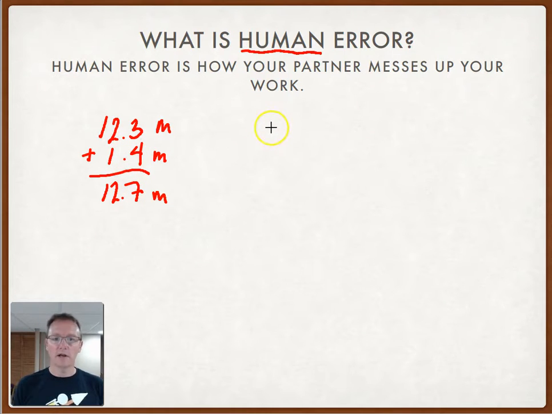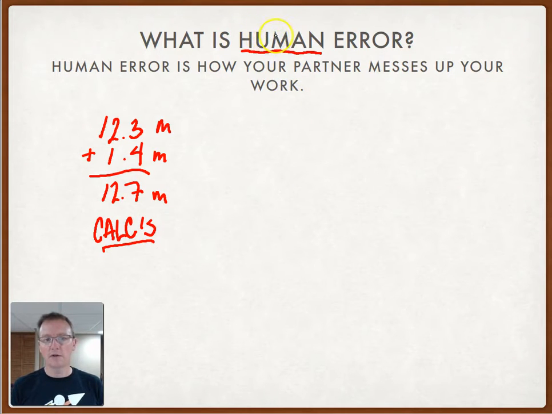One of the other areas for human error, so first we have calculations, right? So calculations is a big source. And then the other problem that you might run into is if you have, let's say, a measurement tool like so, and the measurement tool has markings on it, like so.